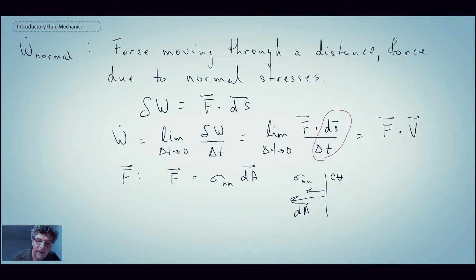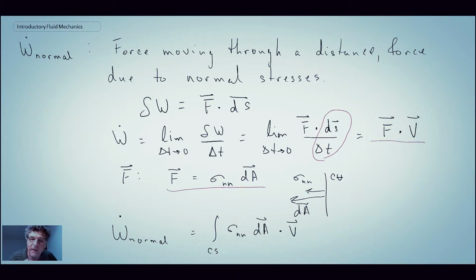But with that for the force and with that for the work, what we can do is we can rewrite this for normal as being an integral over the control surface. And what I'm going to do here, I'm going to flip the dA and the V around.